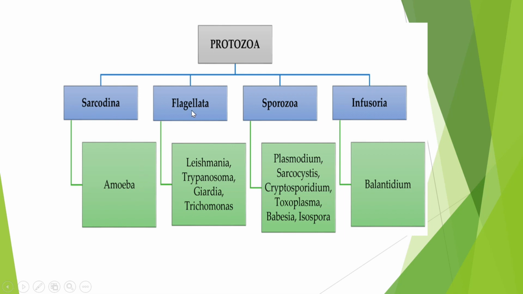Flagellata use flagella, and include Leishmania, Trypanosoma, Giardia and Trichomonas. Sporozoa are immobile, with no organs of motility, and include Plasmodium, Sarcocystis, Cryptosporidium, Toxoplasma, etc. Infusoria, also known as Ciliophora, use cilia as the organ of motility, and the organism is Balantidium.